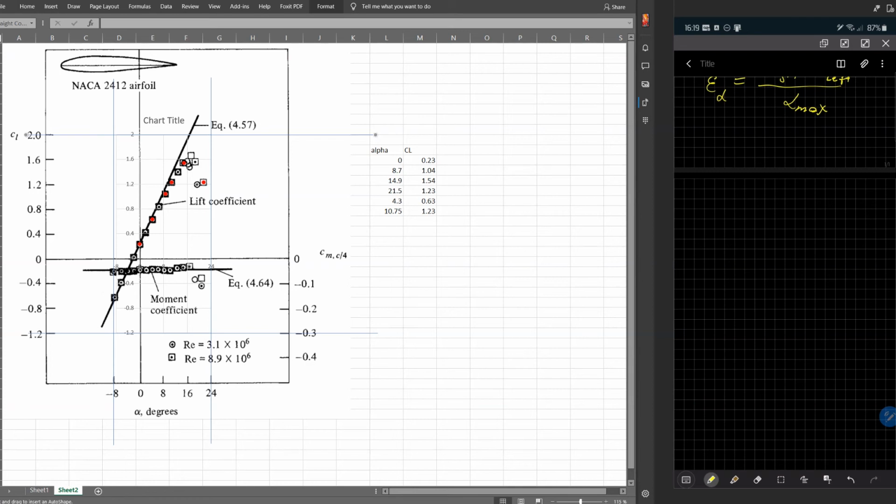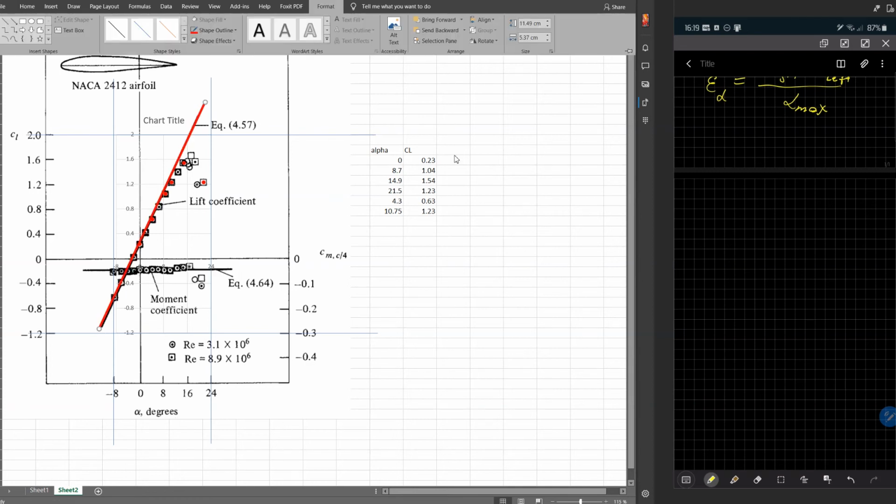I will just make a line here and draw the line. So what we can see is that the behavior of the lift coefficient will also follow close to the line, right? And the experimental points will always be close. They cannot go above or below this line. They will always be on one side of the line.